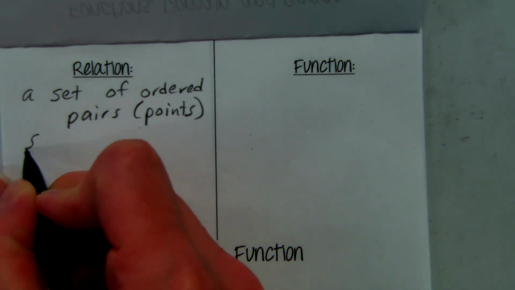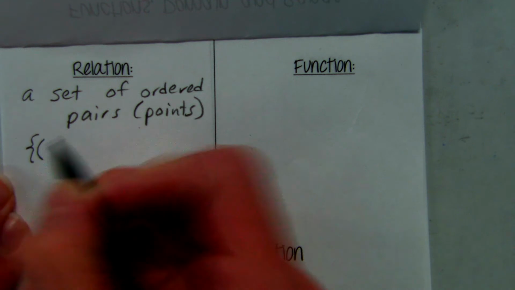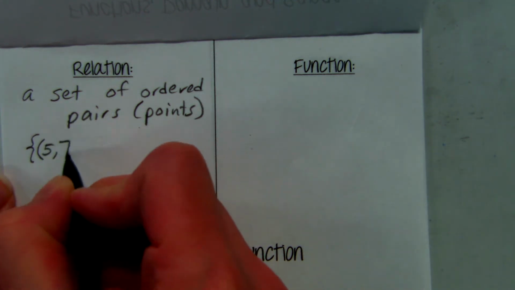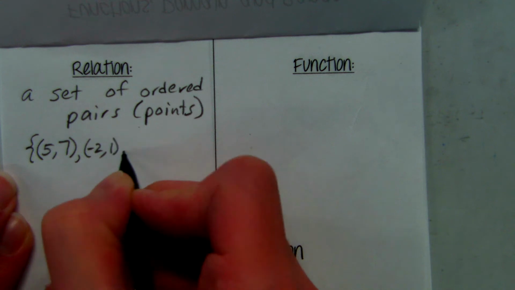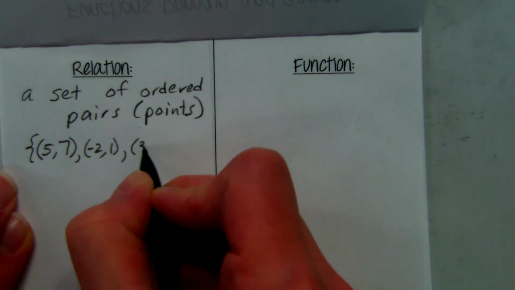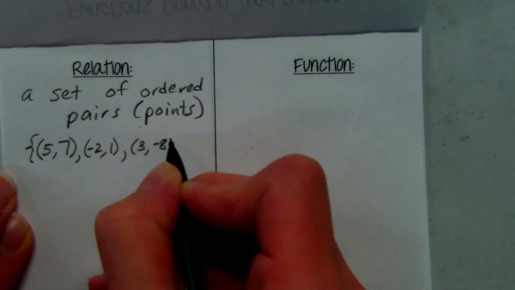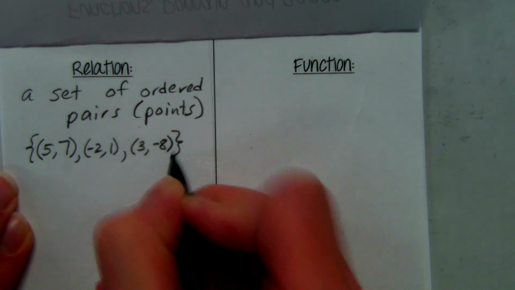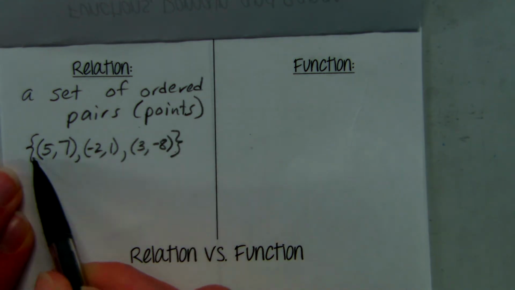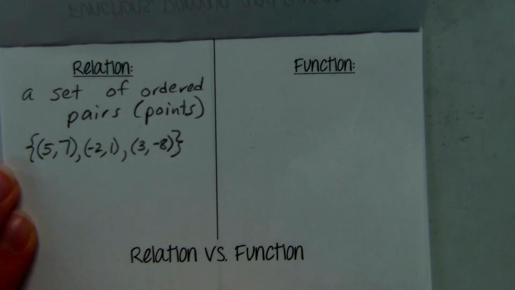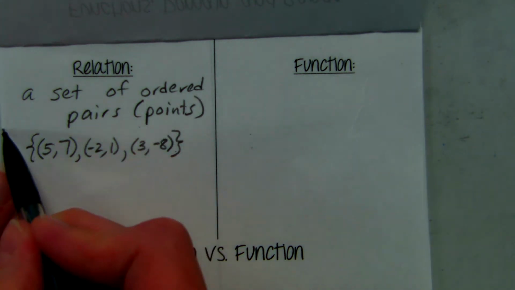If they do that, they will use these little curly brackets like this. It might say (5, 7), (-2, 1), or (3, -8). They're going to give you a list, and they will often use these little curly brackets that group that together, and that is considered a relation.